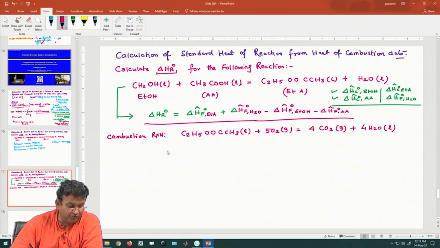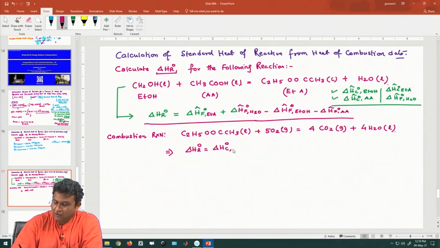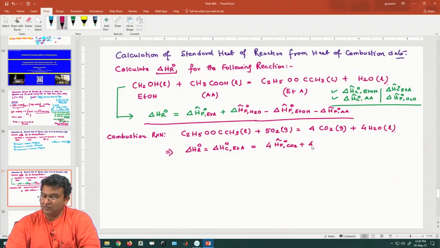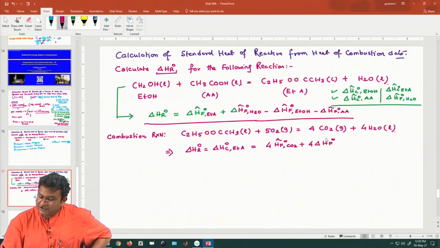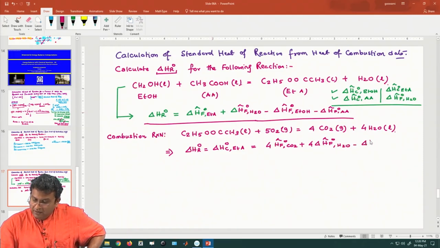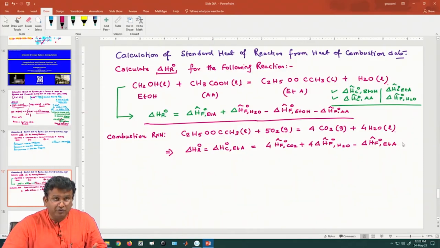So, in other words, the heat of reaction of this particular reaction, which is nothing but the heat of combustion for ethyl acetate, is 4 times heat of formation of CO2 plus 4 times heat of formation of water minus heat of formation of ethyl acetate. Of course, heat of formation of oxygen is going to be 0, we know that.